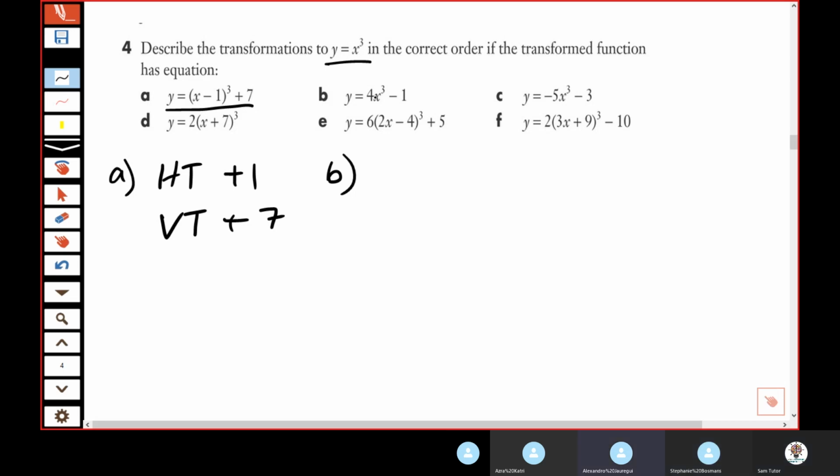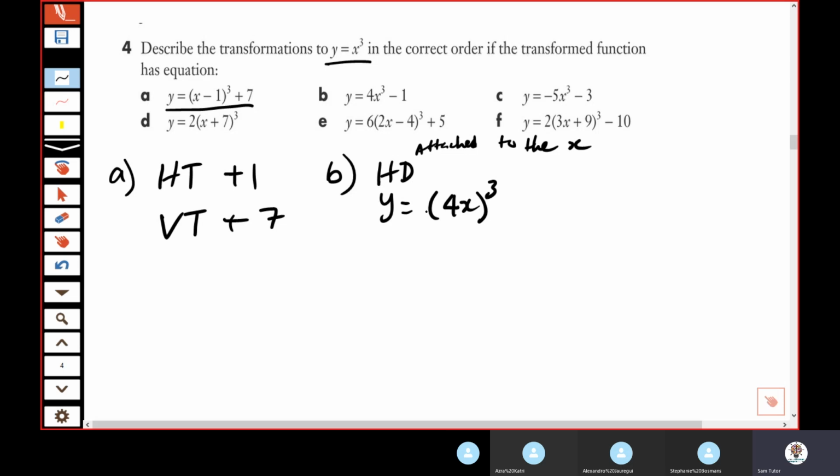Well, first it's a horizontal dilation. So be careful with that, right? If you're going to say a horizontal dilation, remember horizontals are attached to the x. So if you're going to say attached to the x, it'll look like this. That's attached to the x.